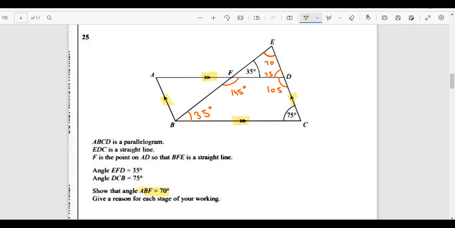Could you say that it's 105 so it's a parallelogram? So is the other side of F 35? Yes, very good.